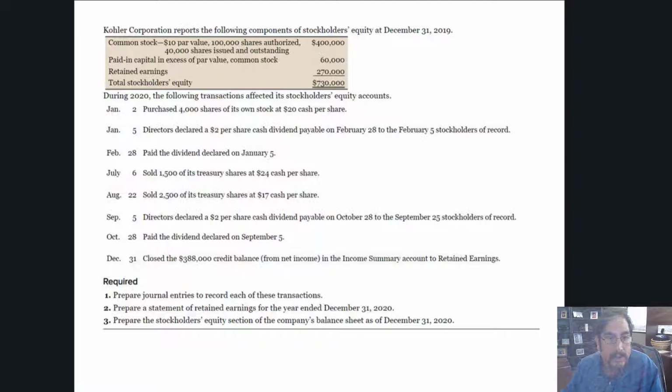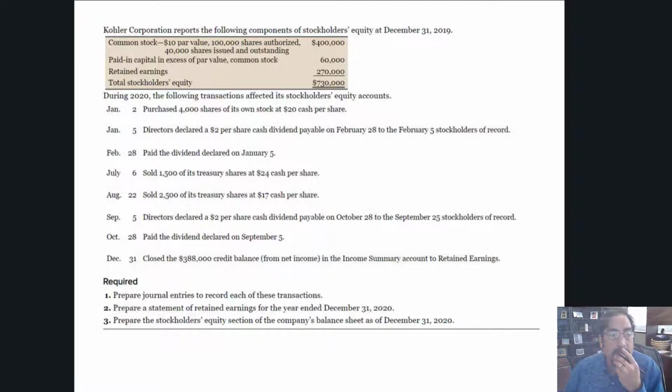So first, they want us to write the journal entries. Hopefully I have enough room here to write these journal entries right there by the transactions. On January 2nd, we bought 4,000 shares of our own stock at $20 per share.